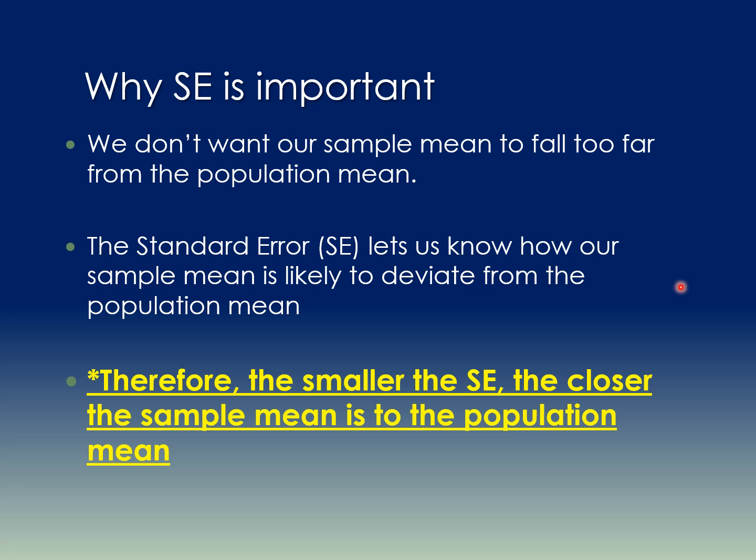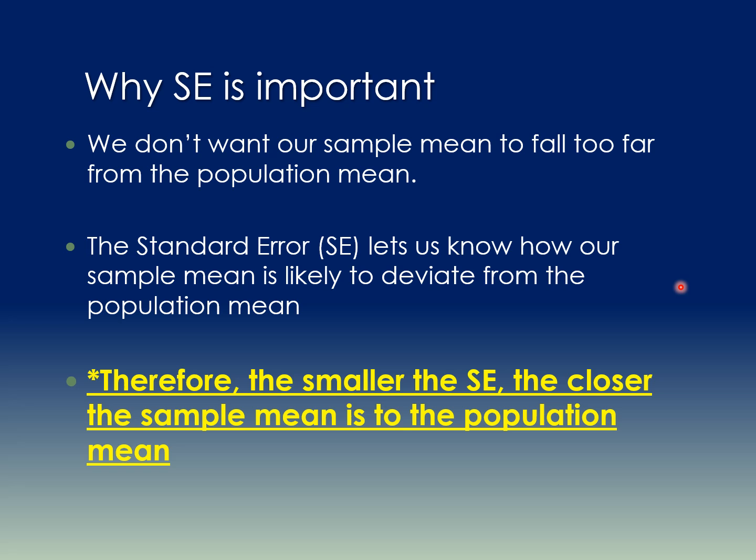In essence, and I've highlighted this in yellow, the smaller the standard error, the closer the sample mean is to the population mean. The smaller the standard error, the closer the sample mean is to the population mean. This is probably about as clear as I can make it. I'm probably butchering it in some way. Some statistician will come along and say, well, you're missing a few important nerdy points here.